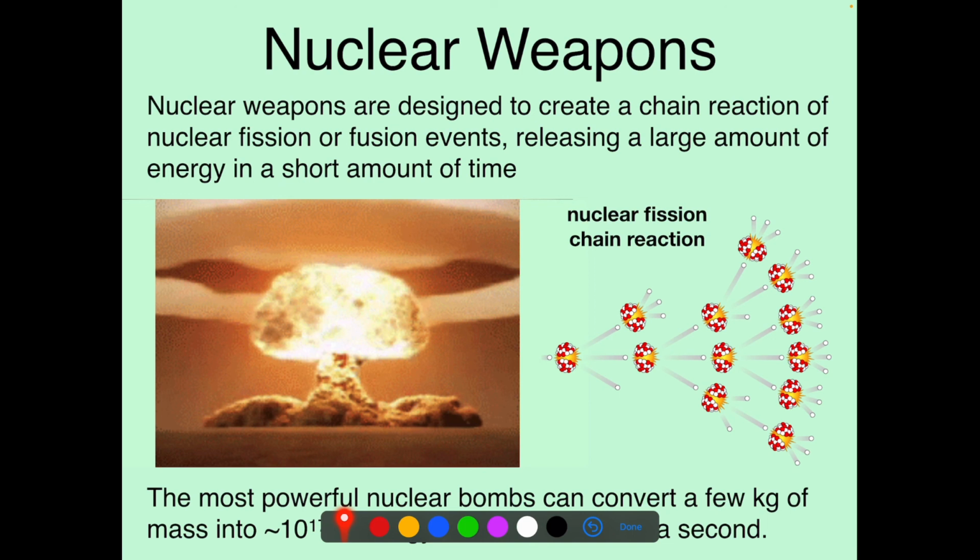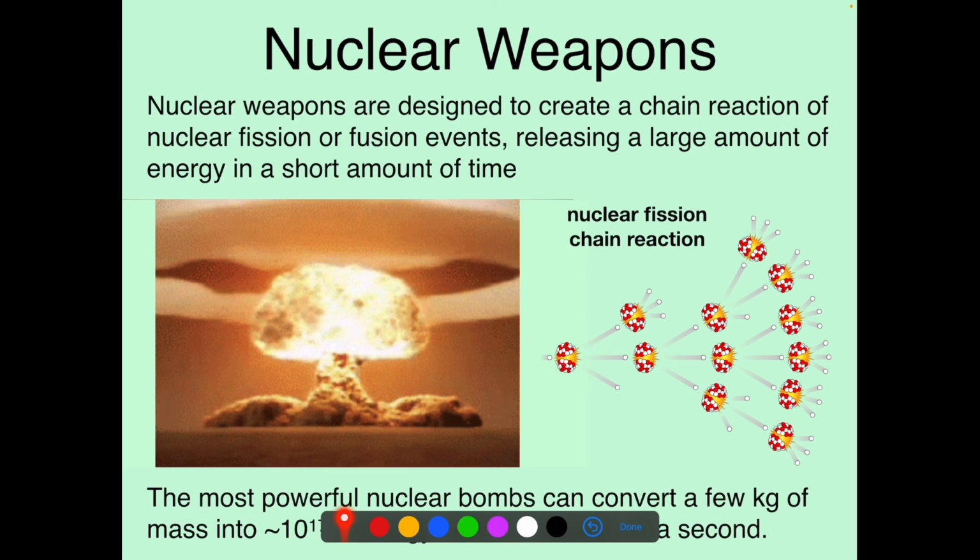So we'll start by sending a particle at a very high velocity towards a nucleus. This particle could be a neutron, for example. And it hits the nucleus so hard that it splits it and creates a fission event. So this nucleus gets split, undergoes fission. In the process, it's going to send off some particles of its own at a very high speed.